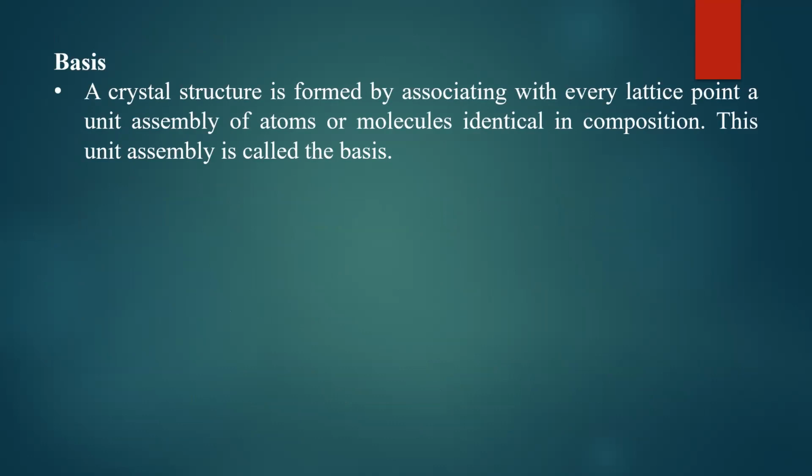So the crystal structure is formed by associating each lattice point with a unit assembly, or structural units called atoms or molecules. This unit assembly is called the basis, the individual structural unit, whether an atom or a molecule. In NaCl, what is the basis? The NaCl molecule is the basis.